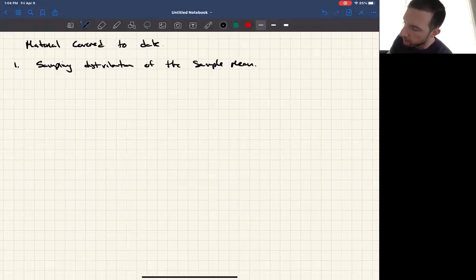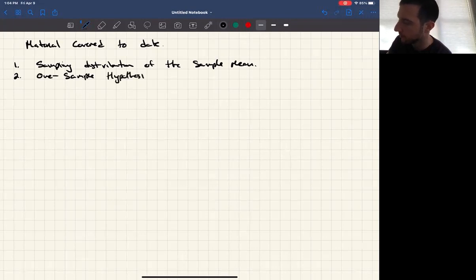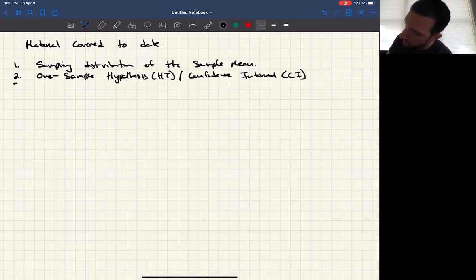Okay, so then we actually started looking at particular hypothesis tests. So then we did one sample HT/confidence interval, which I'm just going to call CI. Okay, so then we did 2 sample HT/CI.